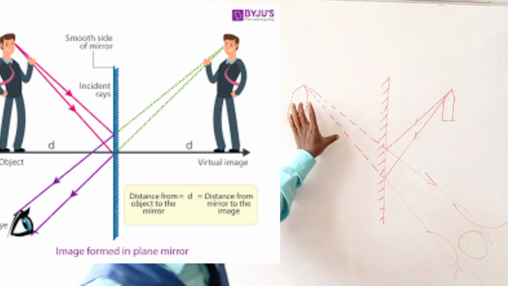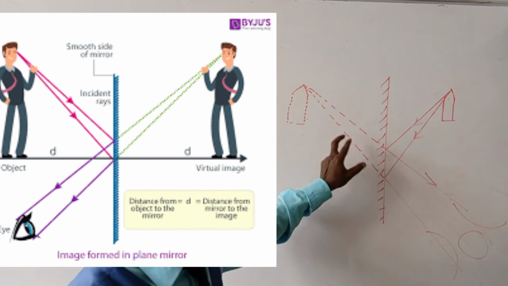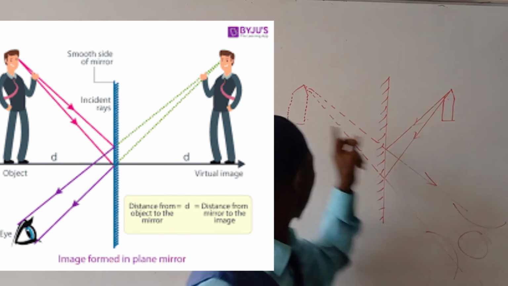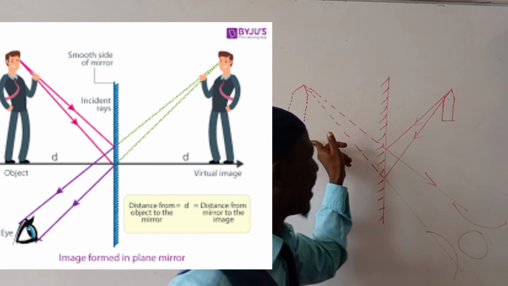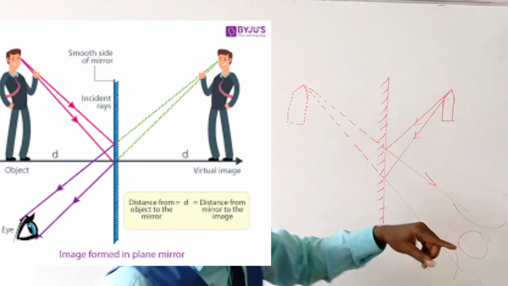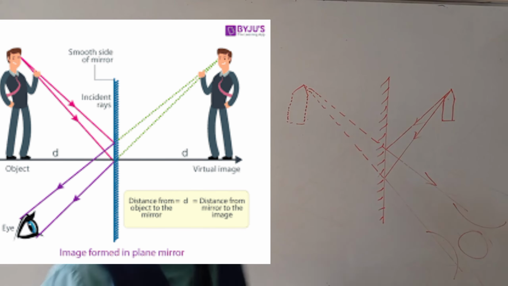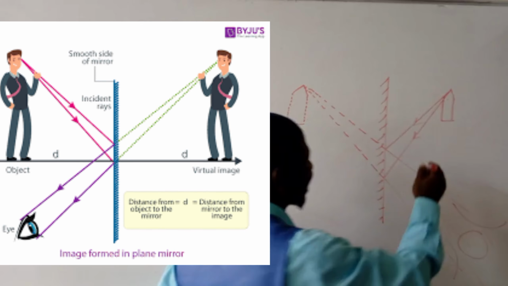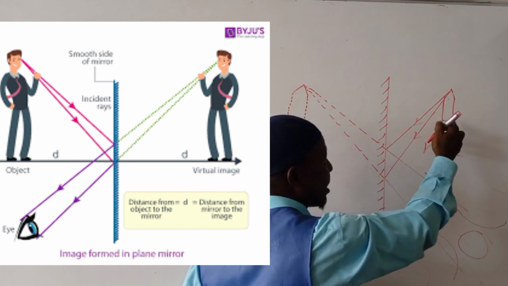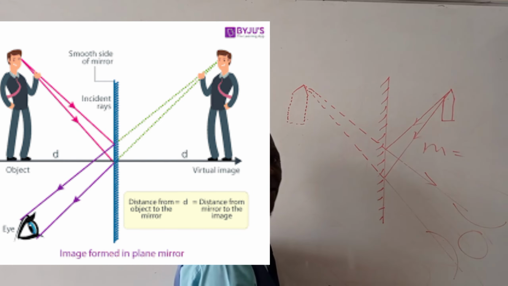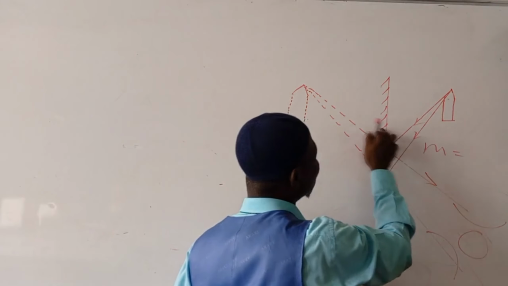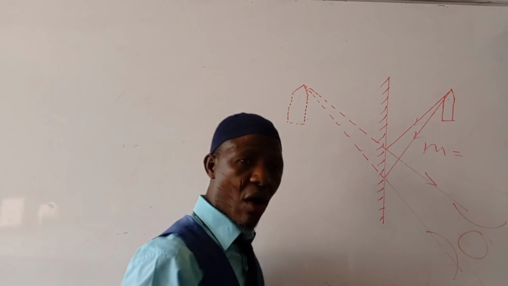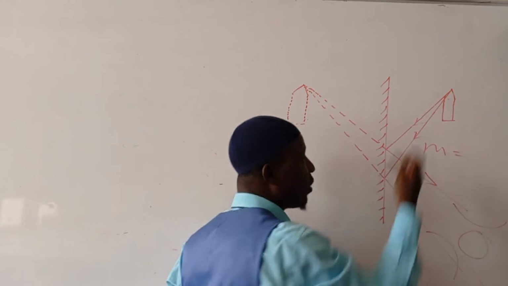So the image has the same distance as the object in front, the same size here. So in that case, it has unit magnification. Don't forget, when we are dealing with magnification, we say magnification is equal to the image height over object height, or image distance over object distance, or image size over object size.